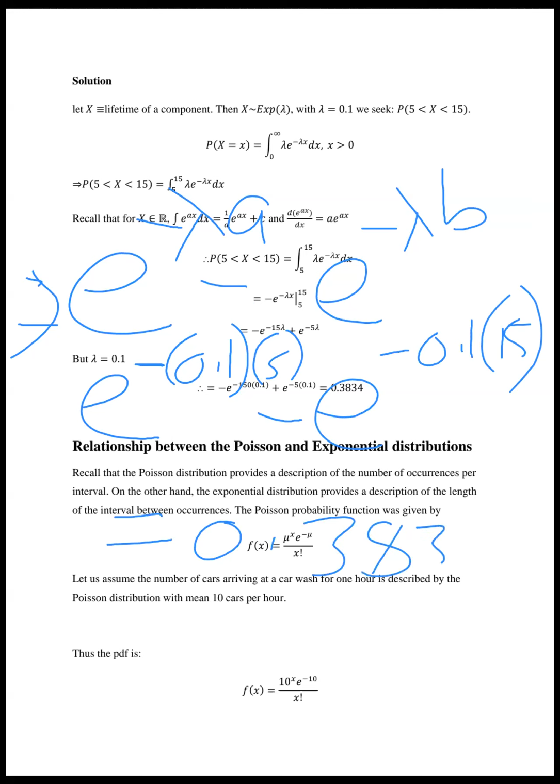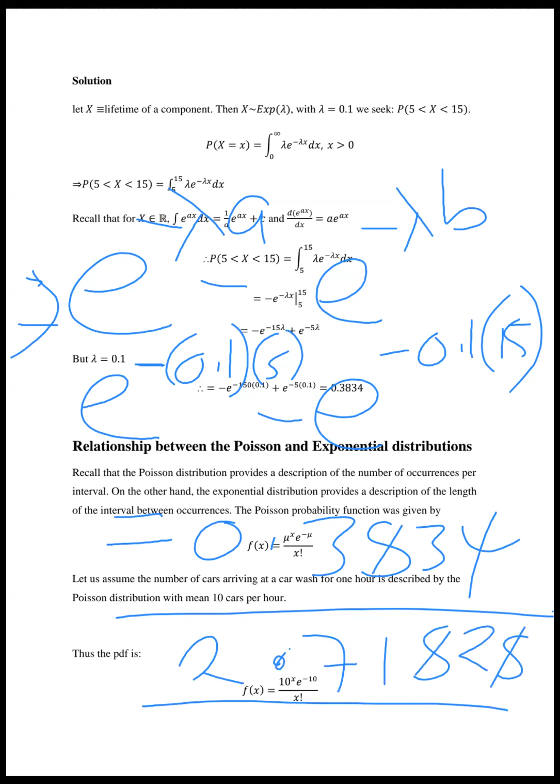0.3834. Just say e to the power negative 0.1 times 5, and you write the answer. The e function is just some number on your calculator, approximated to be a number that goes on, but to a few decimal places it is basically this number.